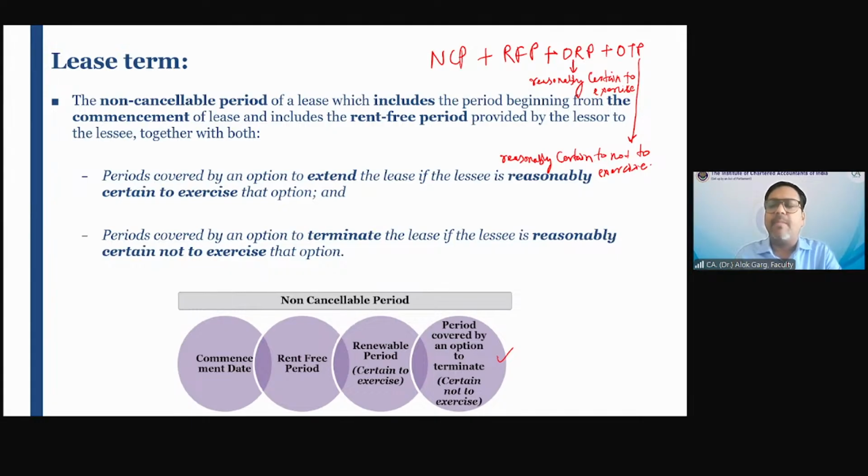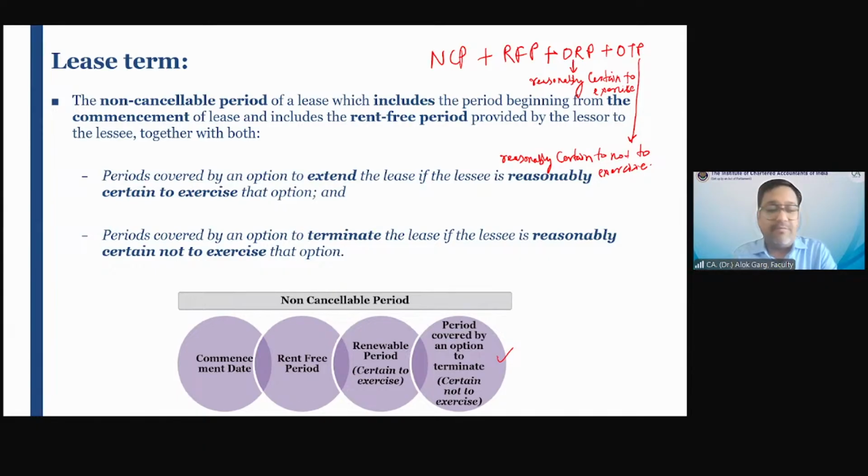For example, if the lessee terminates the contract in the second year, the lessee has to pay the rent for the entire next 6 years. So out of the 10-year contract, the first one is the rent-free period, another 6 is the non-cancelable period, and the last 3-year period is a period where the lessee can terminate the contract. So it's an optional termination period.